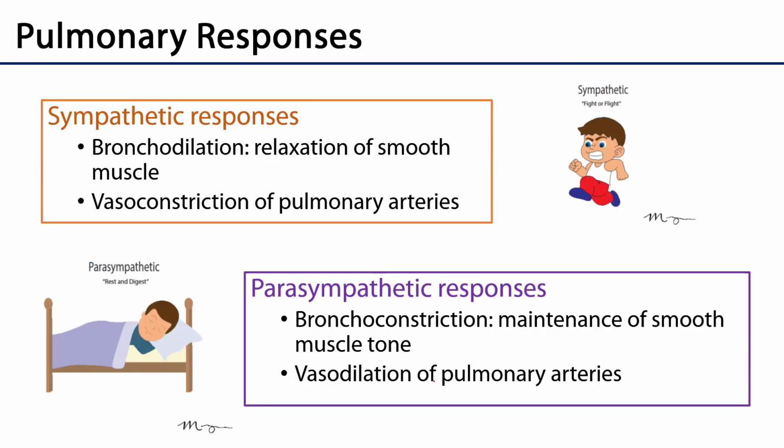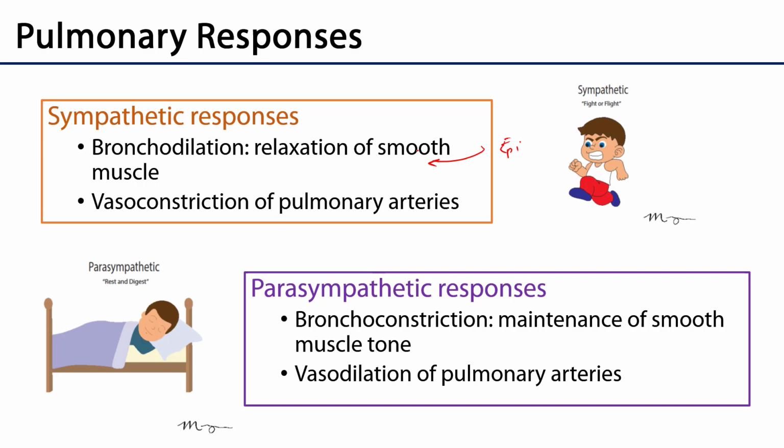In terms of pulmonary responses to autonomic stimuli, specifically the bronchi and the pulmonary vasculature, in a sympathetic response, we'll have bronchodilation, so we'll have relaxation of smooth muscle. You can remember this because a shot of epinephrine, an epi shot into the lateral thigh, is going to lead to bronchodilation.